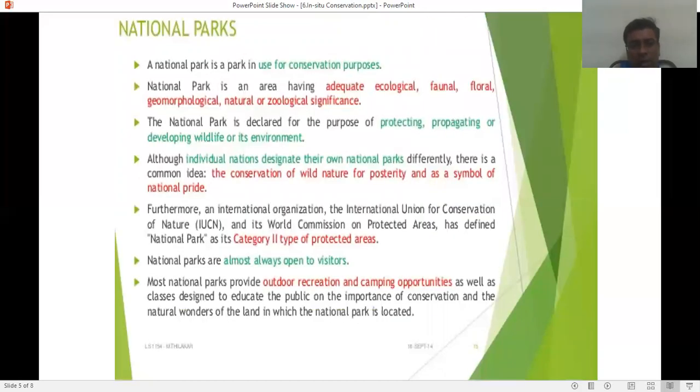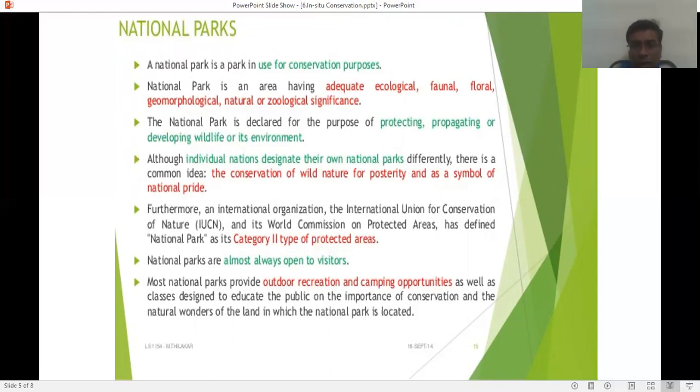So national parks are parks used for conservation purposes. In these areas, we are protecting the animals. We are giving them protection. Here, hunting is completely banned. A national park is an area having adequate ecological, faunal, floral, geomorphological, natural, or geological significance.